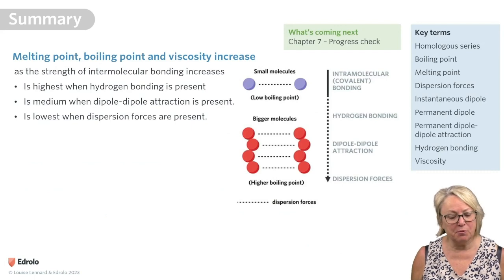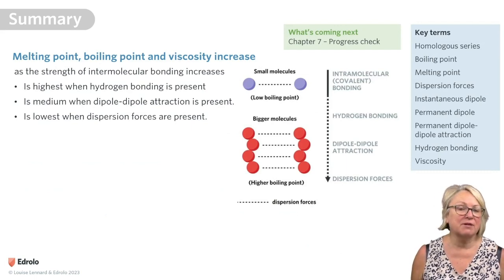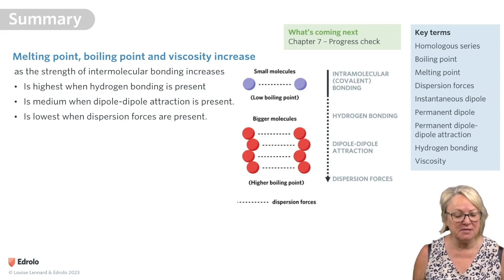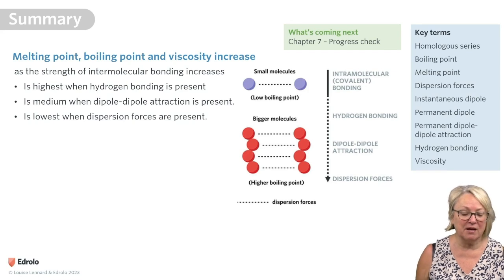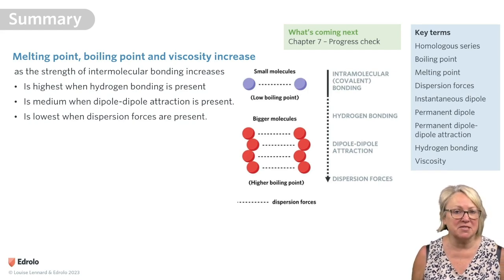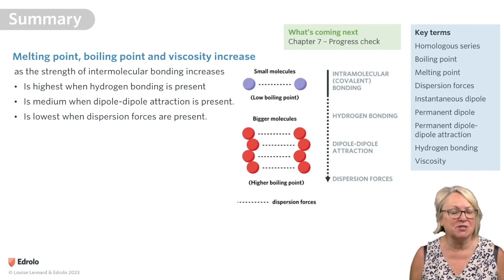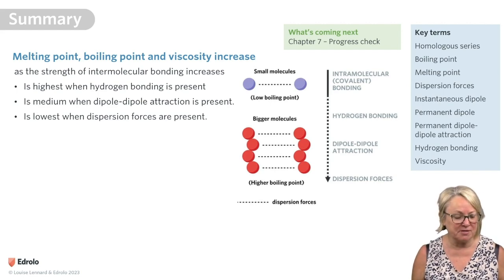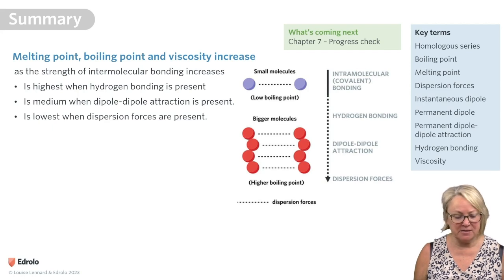Melting point, boiling point, and viscosity are physical properties that increase as the strength of the intermolecular bonding increases. They are highest when hydrogen bonding is present between adjacent molecules, medium when dipole-dipole attraction is present between adjacent molecules, and lowest when dispersion forces are present.